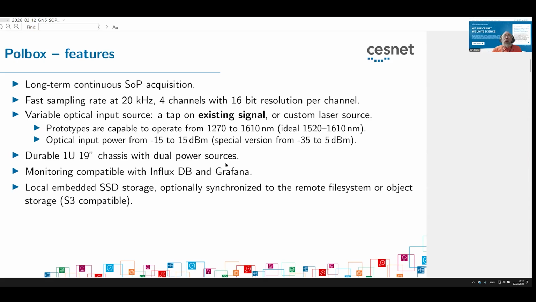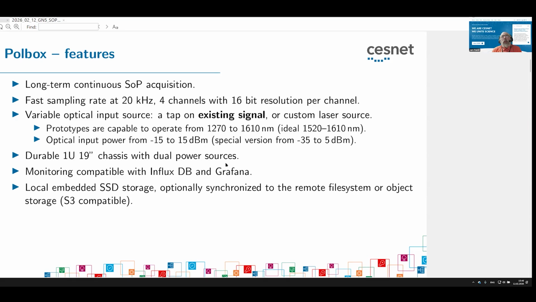Features of Polbox: it really was manufactured for long-term continuous SOP acquisition, with a sampling rate up to 20 kilohertz for channels with certain resolution. Perhaps it's not so critical. You can, as was already said, tap existing signals, or of course you can use a custom laser source, CW, or any CFP, 1 gig, 10 gig pluggable transceiver.